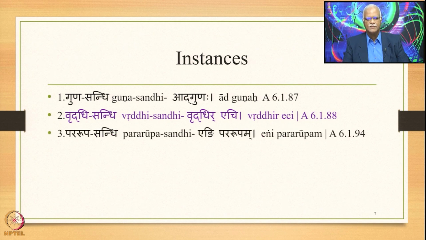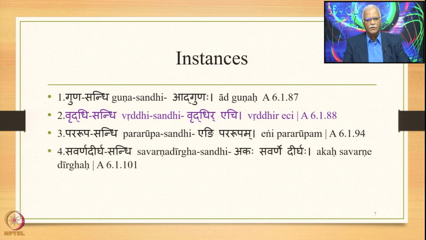The third instance is Pararupa Sandhi, stated by the Sutra Engi Pararupam 6.1.94. The fourth instance of this Dvisthanika Ekadesha is Savarna Dirgha Sandhi, stated by the Sutra Akas Savarne Dirghaha 6.1.101.